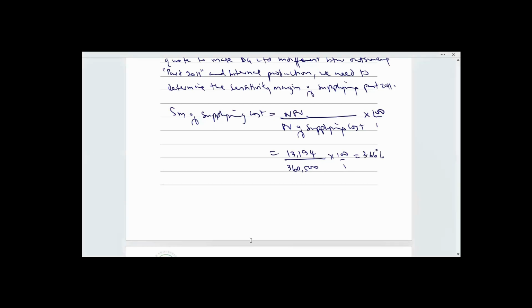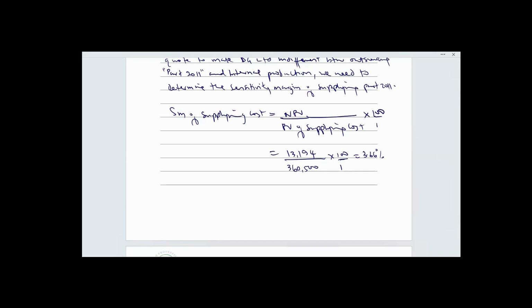So you need to interpret this number. This means that our supplying cost can increase by 3.66% before our decision will change.